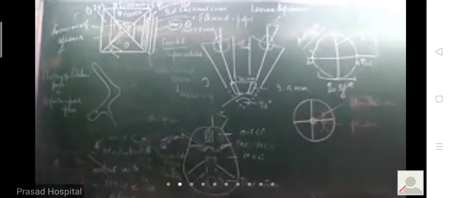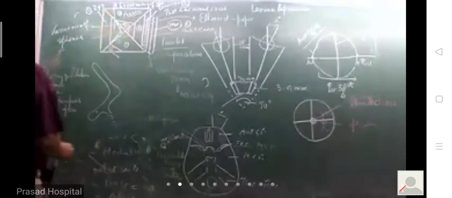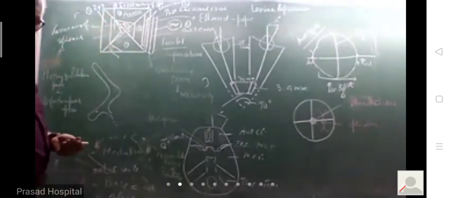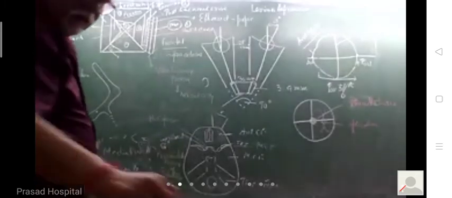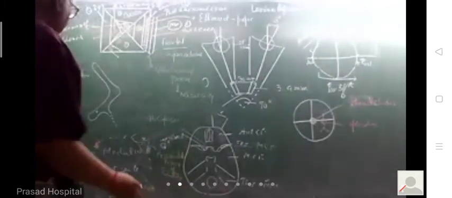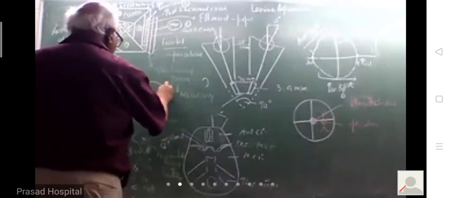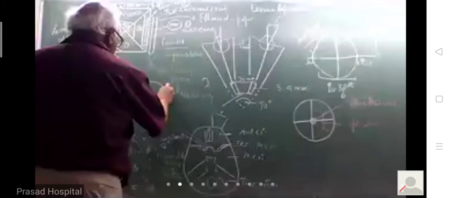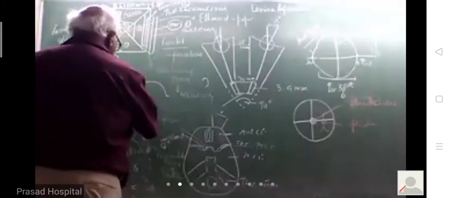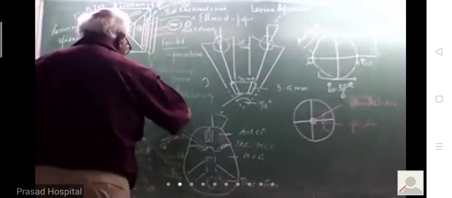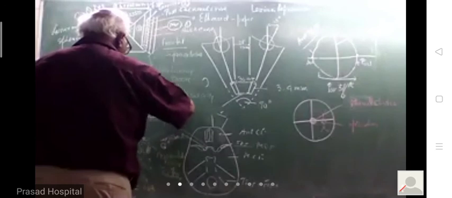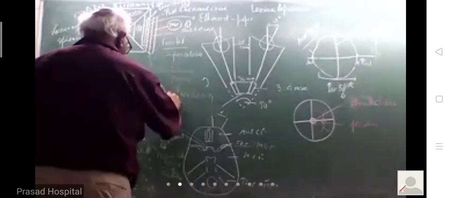Now the lateral margin of the orbit, if you look, gets an elevation which is called the tubercle of Whitnall.